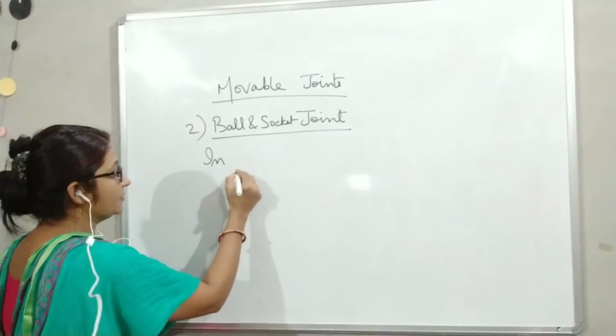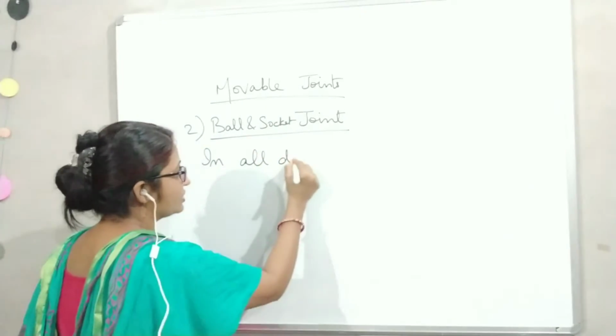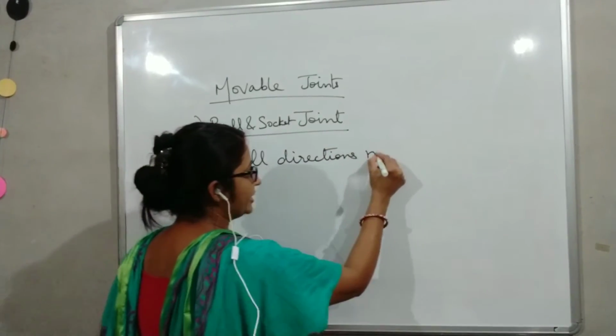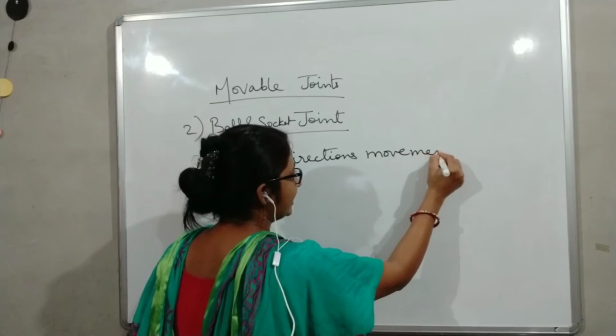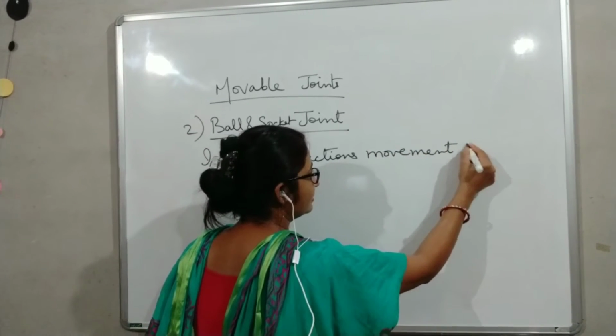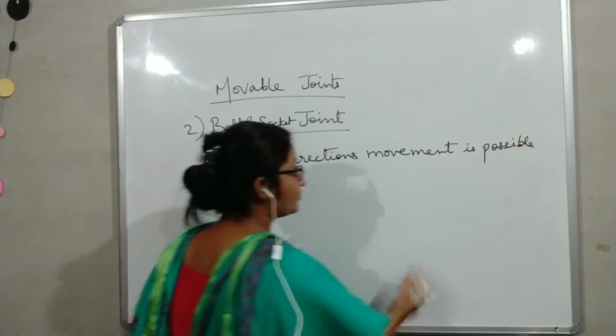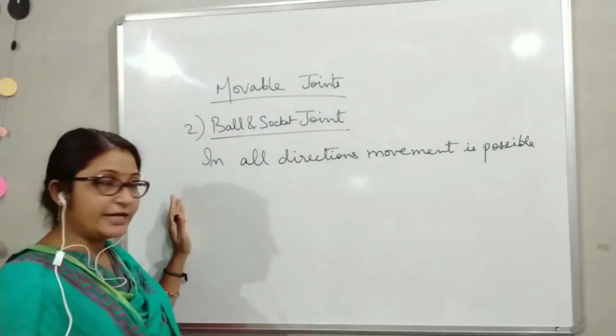I can write here, it allows movement in all directions. Now, where can you find such joints?